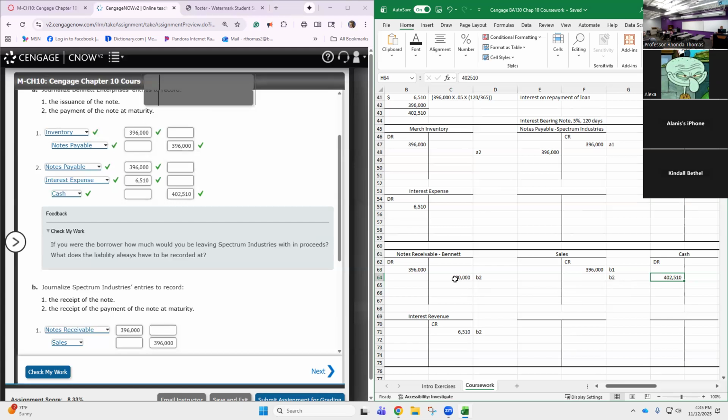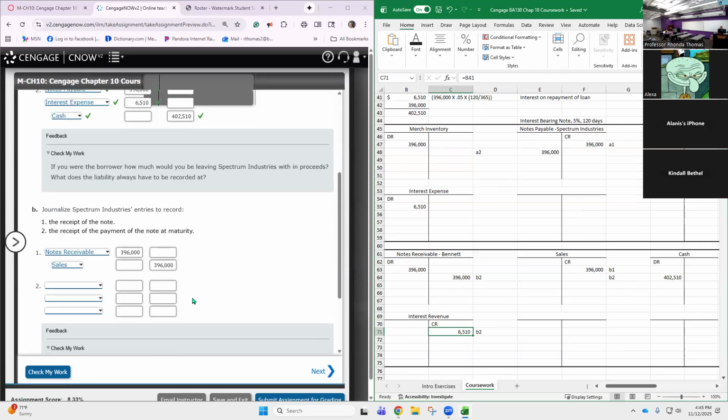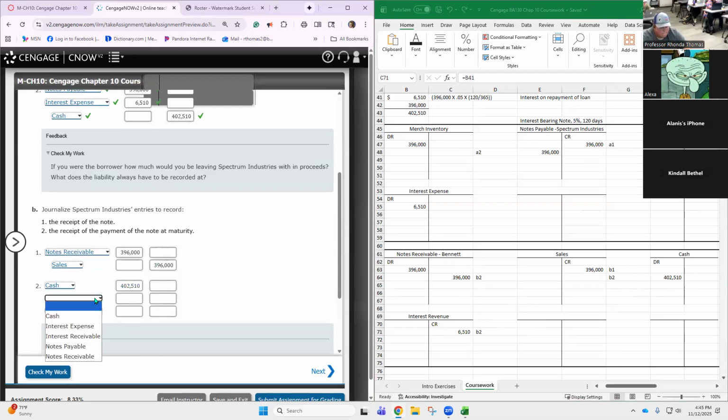And then we're going to get rid of the receivable. And then we're going to record, instead of interest expense, it's interest revenue. Okay, interest revenue. So here comes the cash. The cash for paying back off this note of $402,510. Okay, and then we're going to show the receivable going down.